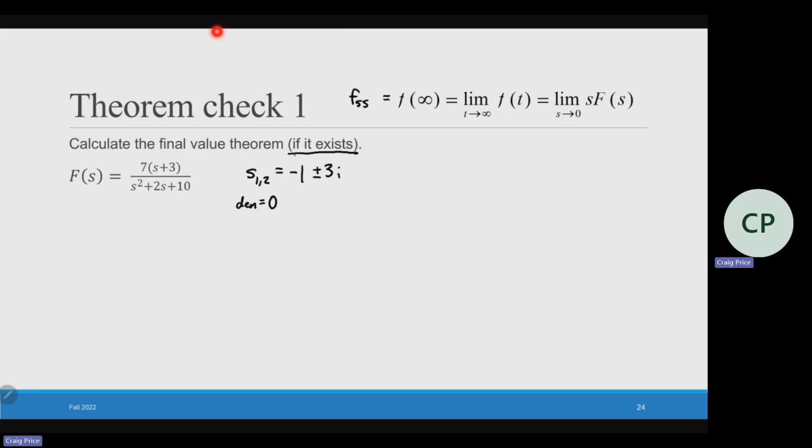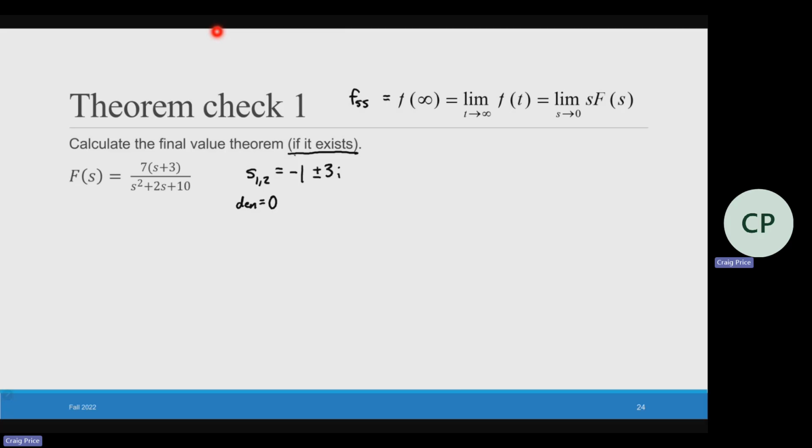Will this system reach a steady state? What do you think? You don't think so? No? The i means it will oscillate, absolutely.